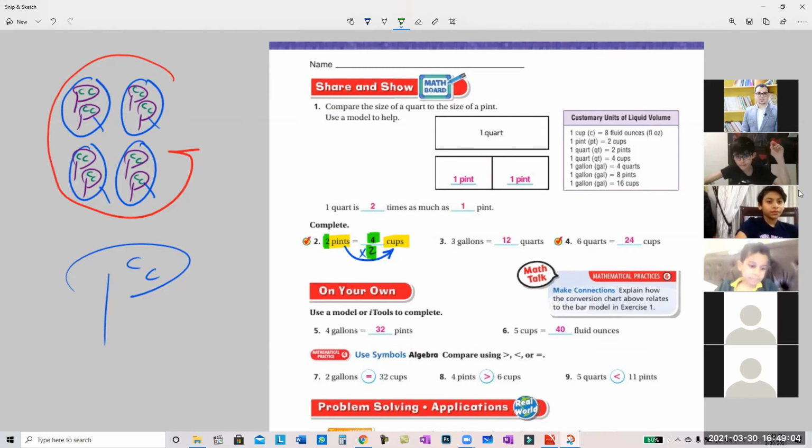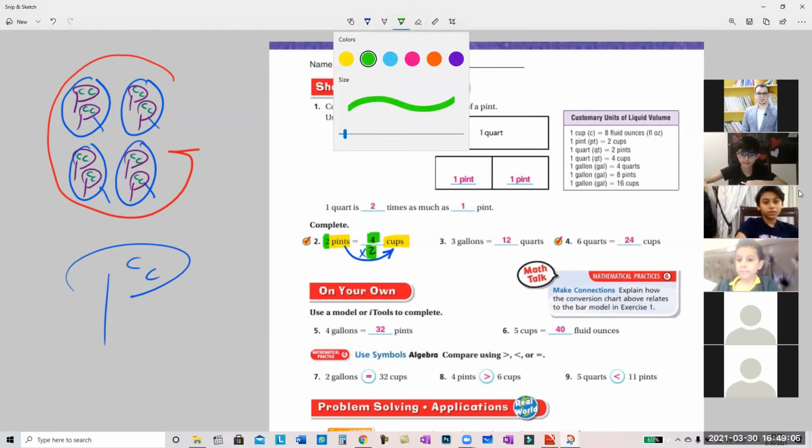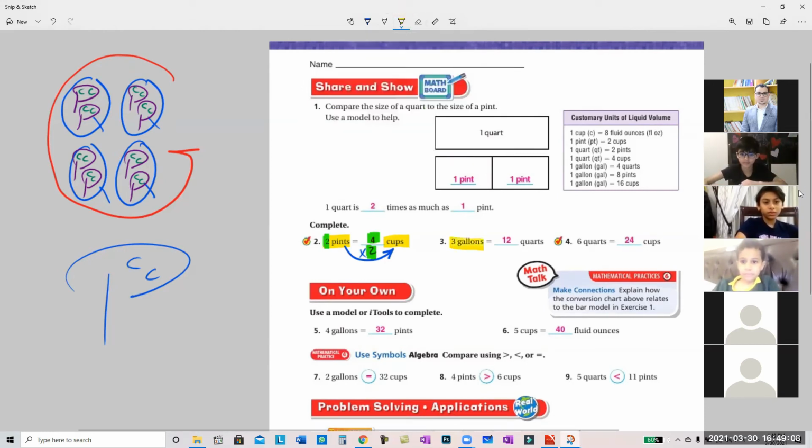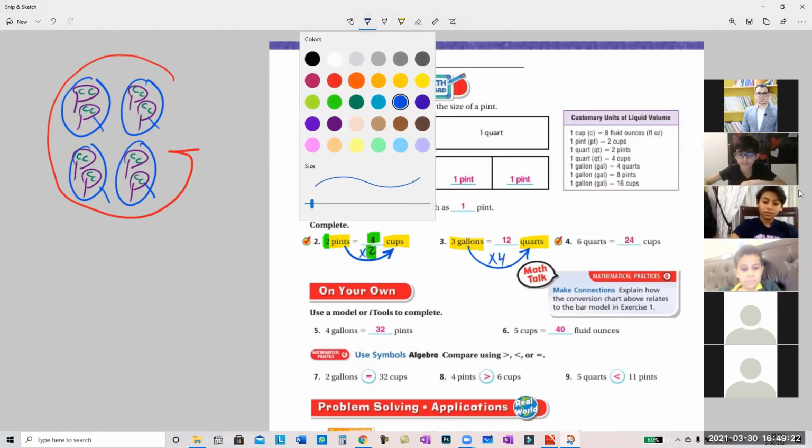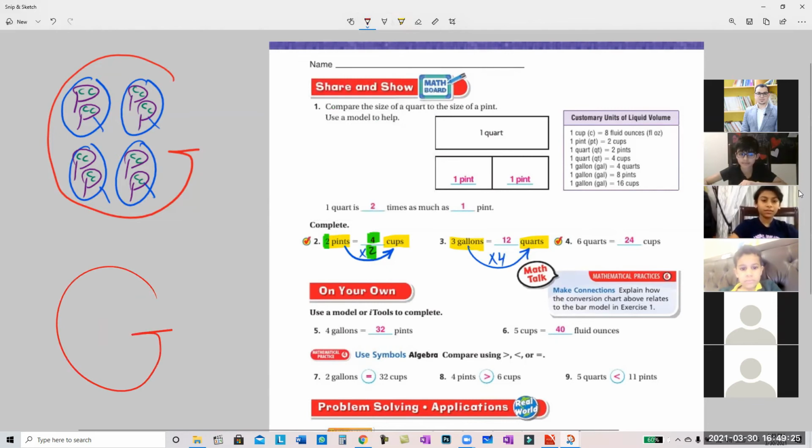Hi, Mr. Mo'men. Hi, Ryan. The next one: 3 gallons equal how many quarts? So gallons to quarts, you have to multiply by 4. Yeah, excellent. Because how many quarts do we have in 1 big gallon? Let me remind you about our shape here.